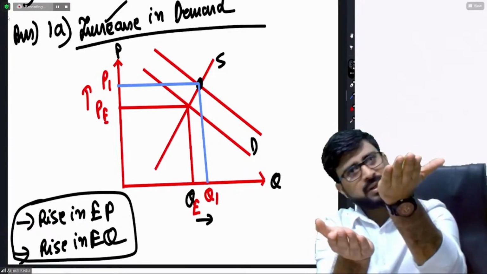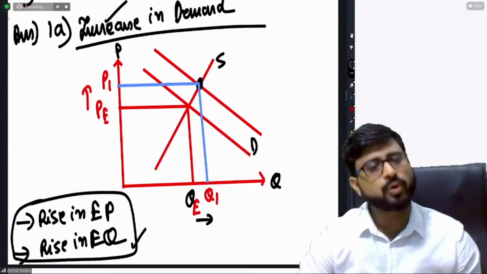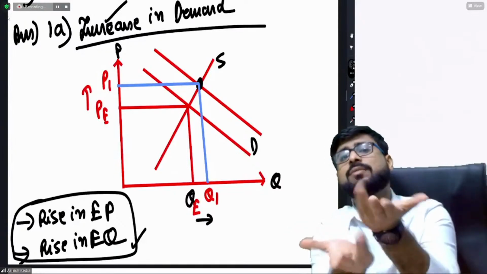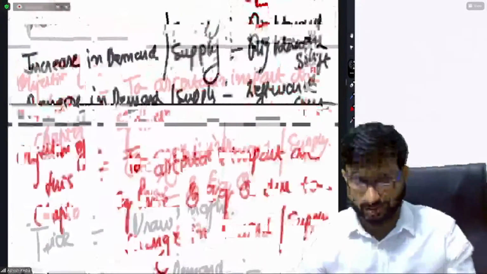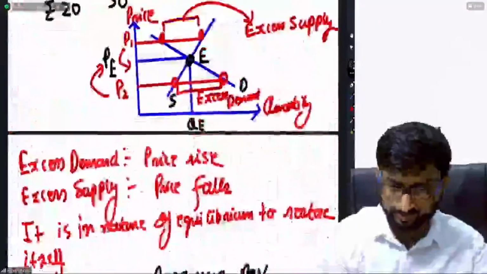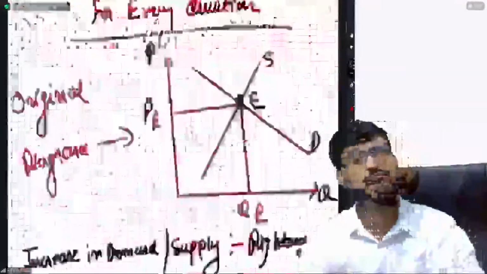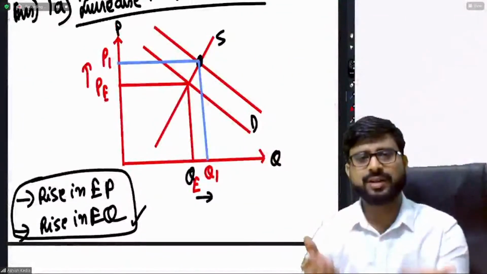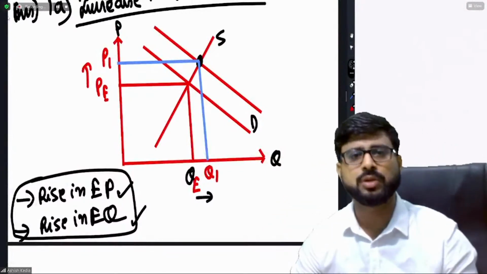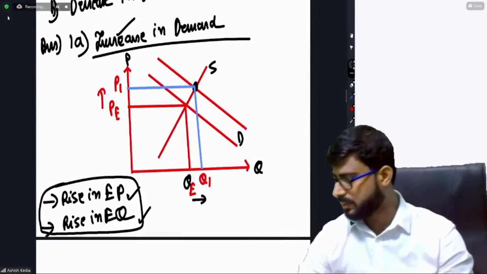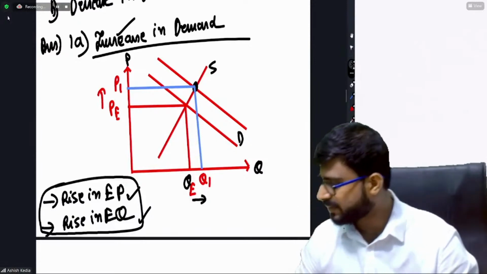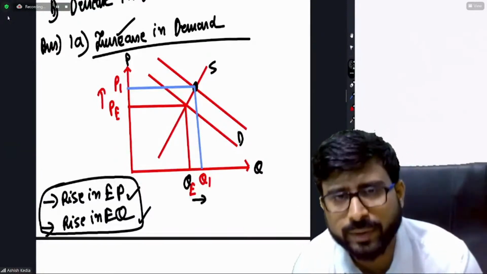So demand बढ़ गया, मतलब quantity बढ़ गया, so obviously equilibrium quantity will rise. But when demand बढ़ गया, there is excess demand. Whenever there is excess demand, what happens? Price rises. I have taught you this: increase in demand, excess demand causes price rise. So equilibrium price rises. Without the graph also we have understood. Got it, everybody?